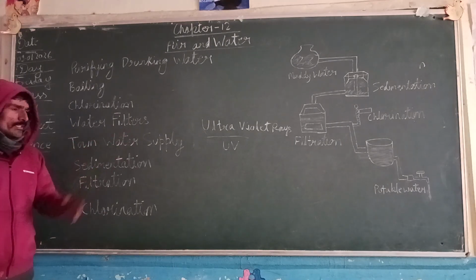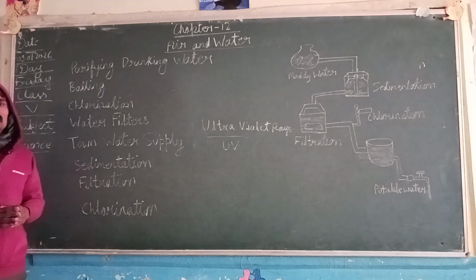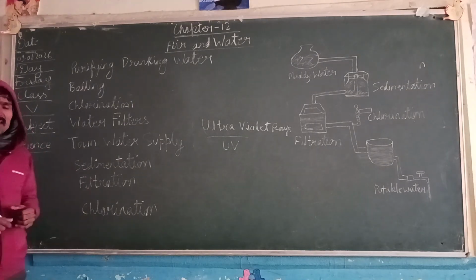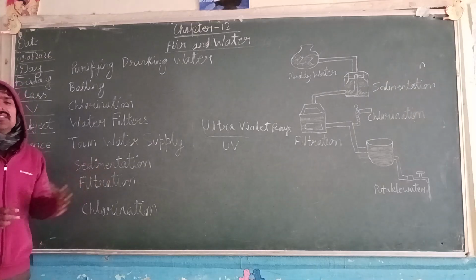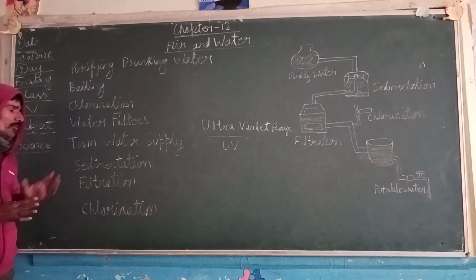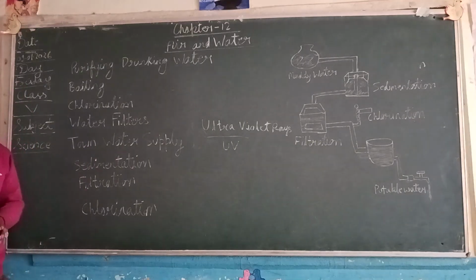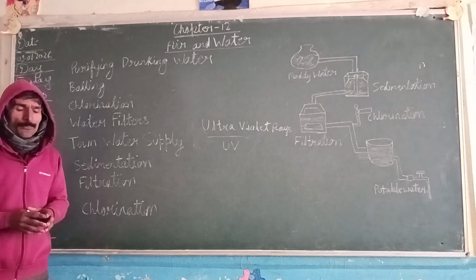Next is the town water supply. In earlier times, people used hand pumps and tube wells to get water. But at present, in towns and cities, water supply is the responsibility of the government.